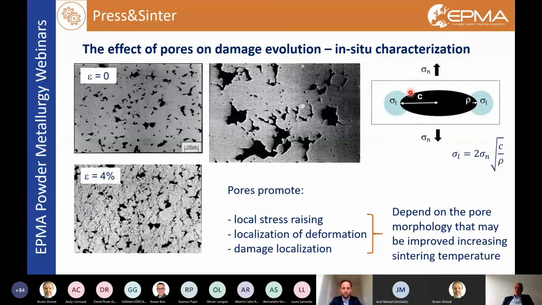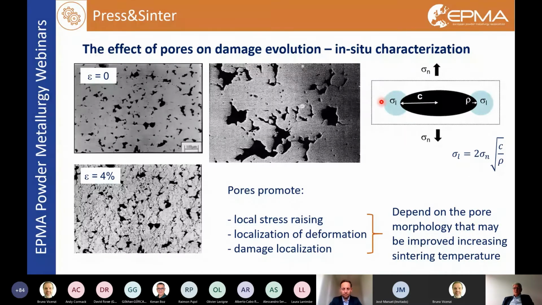The deformation is particularly strong in this region, so we have a localization of deformation, and we will reach the condition for plastic deformation and, in case, for fracture, in particular in this region. So this means that we have localization of damage in this region.